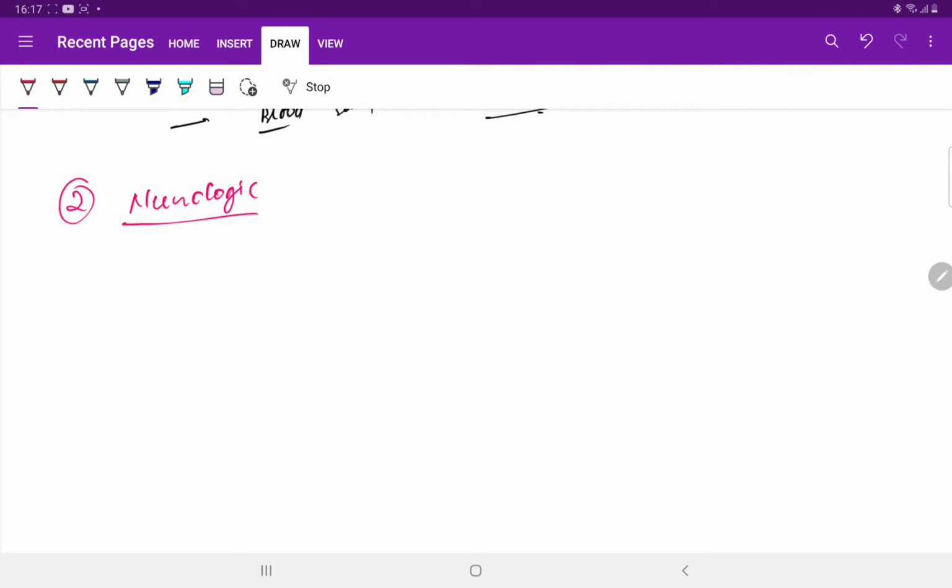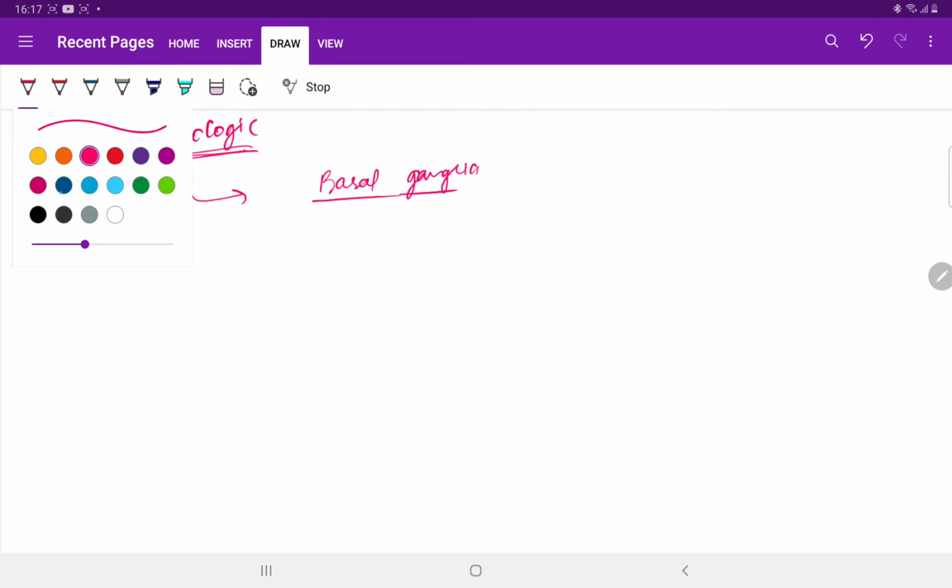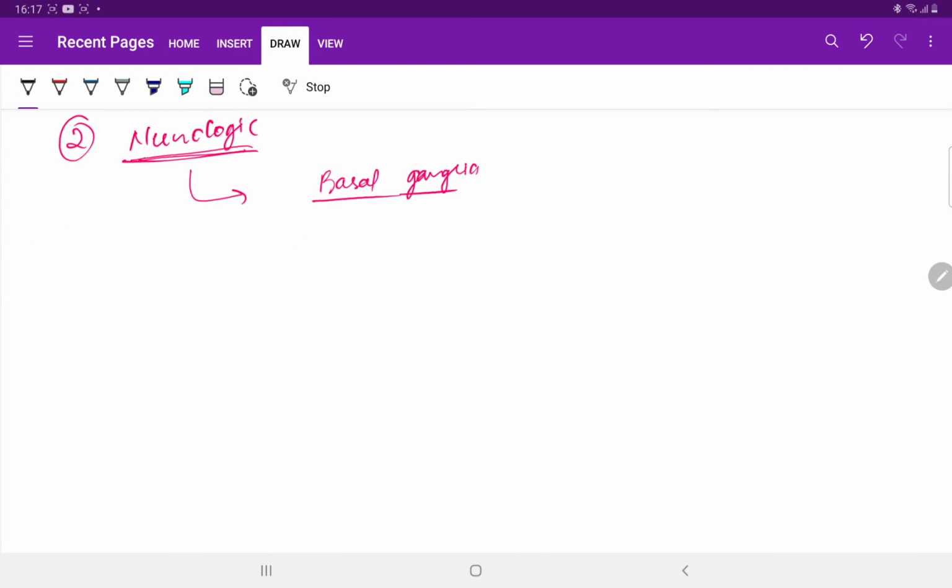To understand the neurological symptoms, the raised amount of bilirubin most commonly involves the basal ganglia. When the basal ganglia is involved, it shows extrapyramidal type of cerebral palsy.